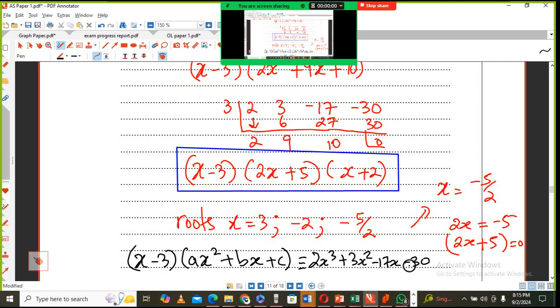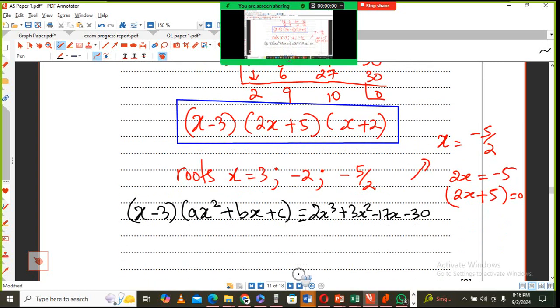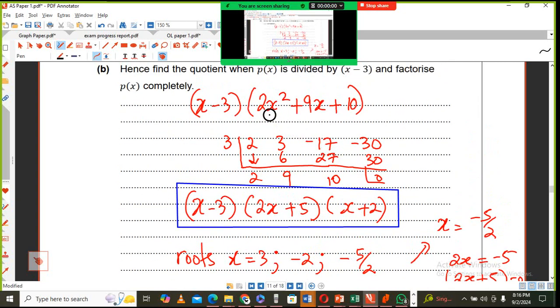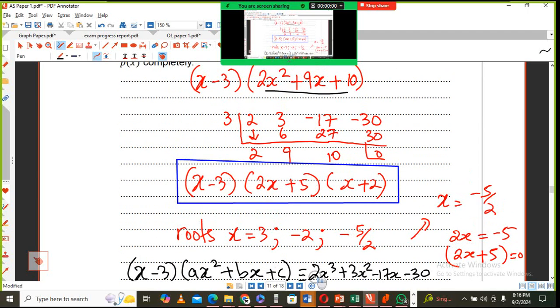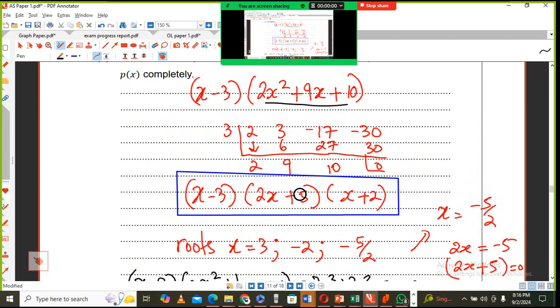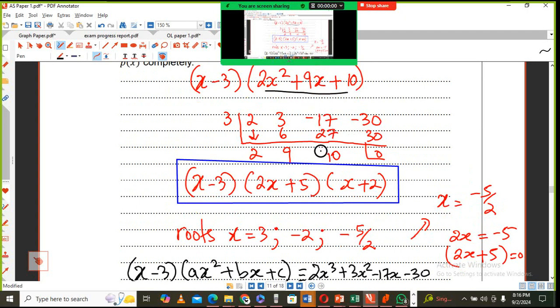You can already see it's going to take quite a long way, multiplying these out. The other one has to be a quadratic. But I think using long division or synthetic division is much easier, and then you just factorize from there.